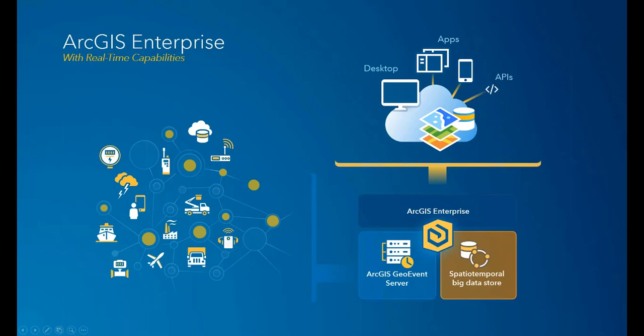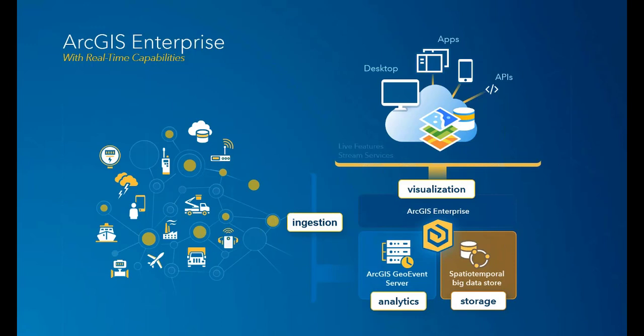So GeoEvent Server is an additional server that can also be plugged into the portal for ingesting data, analyzing it, and storing it in different places. Here you have Spatiotemporal Big Data Store. It can also store in some of the more standard locations, your relational database management system like SQL Server, Oracle, as well as the ArcGIS data store, which is part of the base deployment, which is for your hosted feature services.